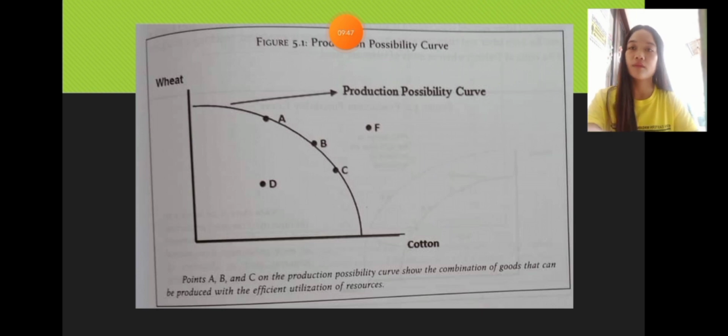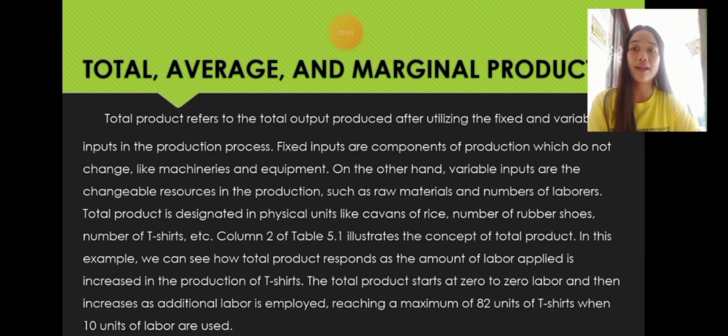So next is total, average, and marginal production. Total product refers to the total output produced after utilizing the fixed and variable inputs in the production process. Fixed inputs are components of production which do not change, like machineries and equipment.